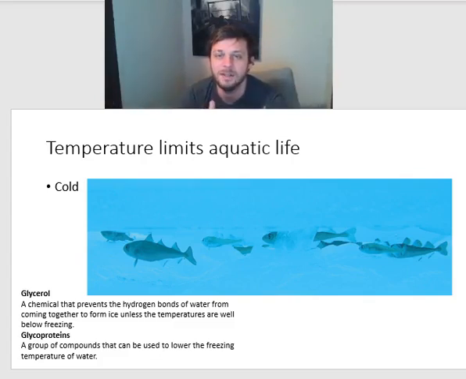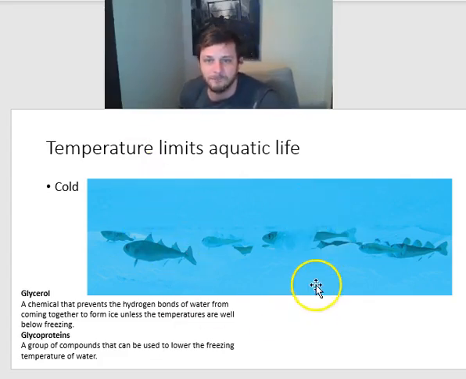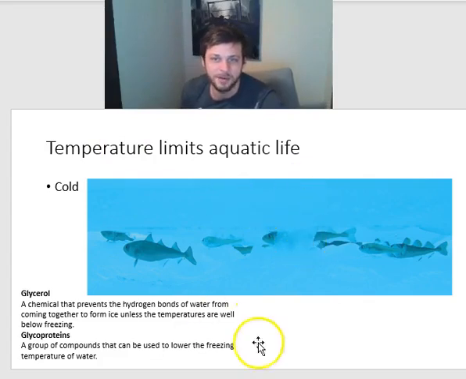So it decreases the freezing temperature. Also, glycoproteins do pretty much the same job. They lower these temperatures. So Antarctic fish, like these cod, can handle very cold temperatures because they have glycerol in their body.